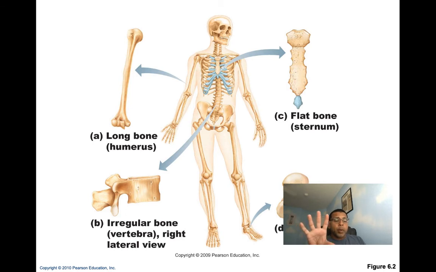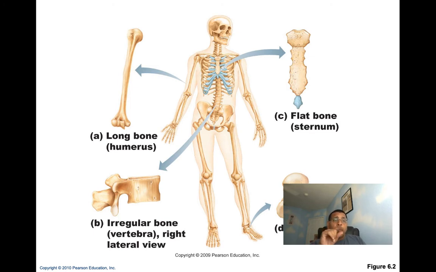Now, when we look at the gross anatomy of bones, every bone is going to have a dense outer layer that's smooth and solid, and this layer is compact bone. Internal to this compact bone is spongy bone, if we're talking about certain bones.